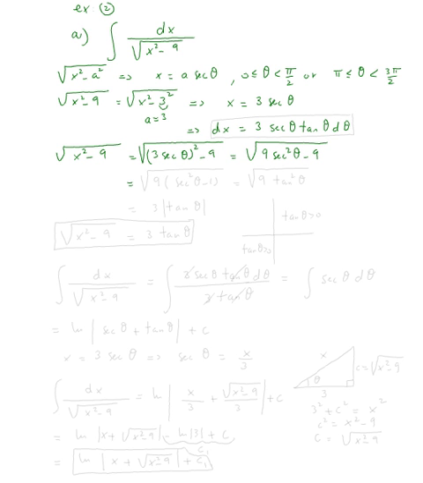Now we factor the 9, we get secant squared theta minus 1, which is equal to 9 times tangent squared of theta, since secant squared minus 1 is tangent squared, radical, which is equal to 3 absolute value of tangent of theta.